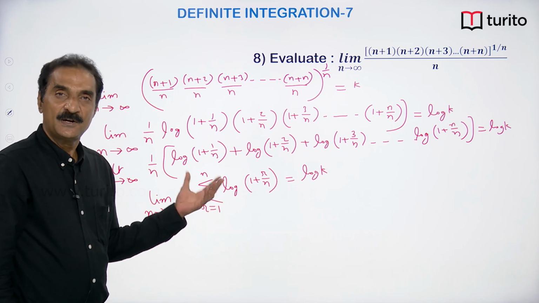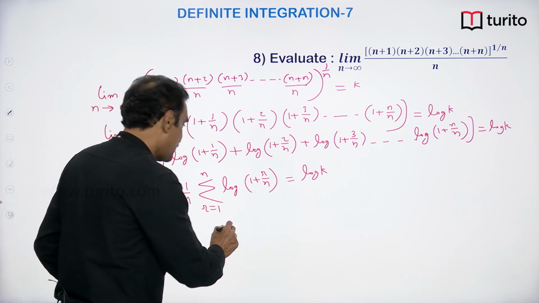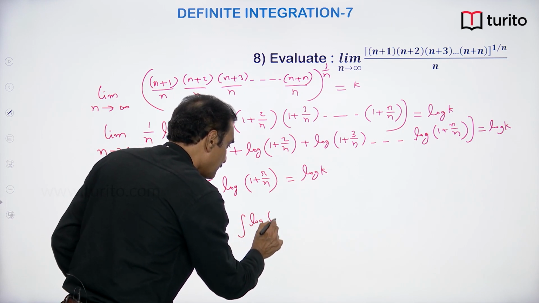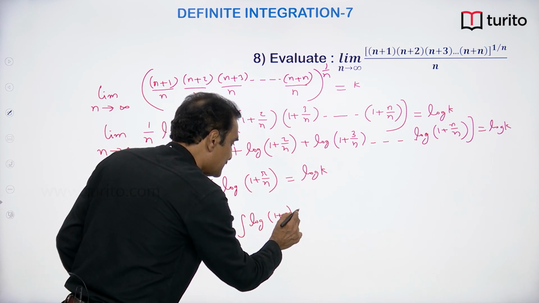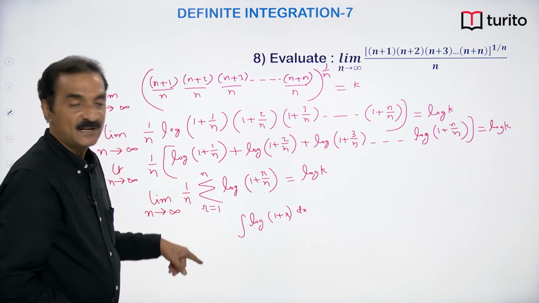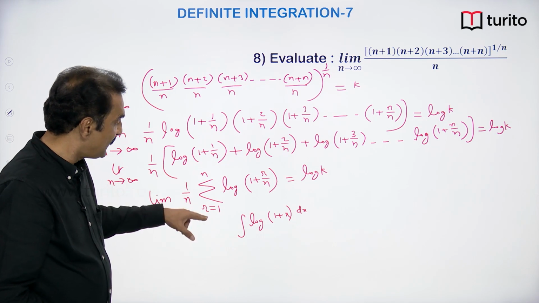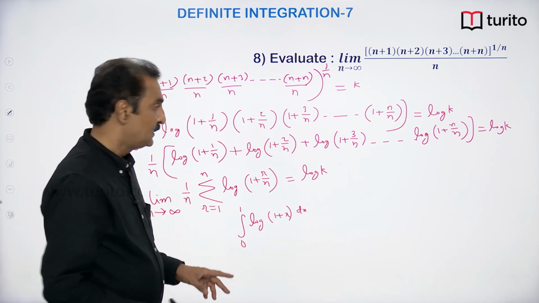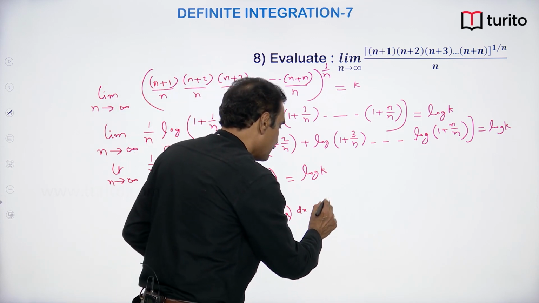Now converting to a definite integral, you will get integral log 1 plus x dx, replacing r by n by x. Then what are the limits of x? Dividing the limits of r by n, you will get 0 to 1, is equal to log k.